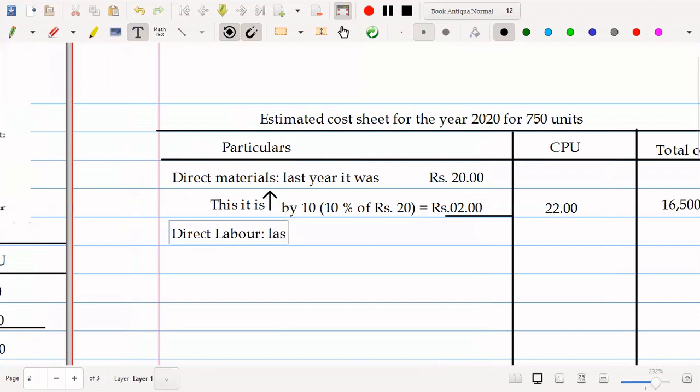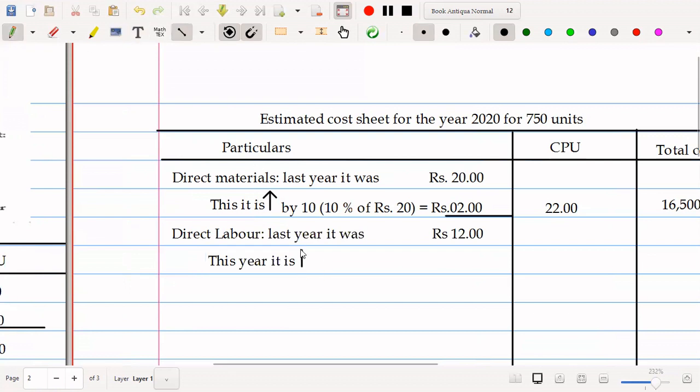Last year it was rupees 12, and this year it is increased by 20%. So 20% of rupees 12.